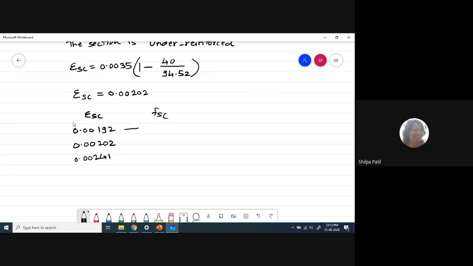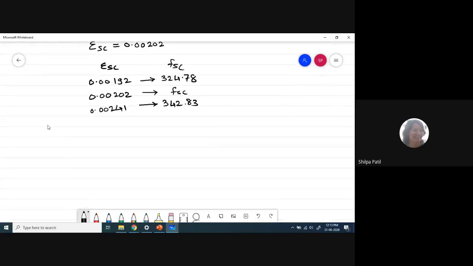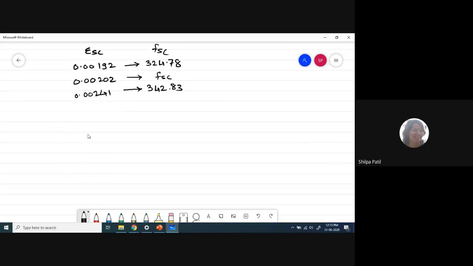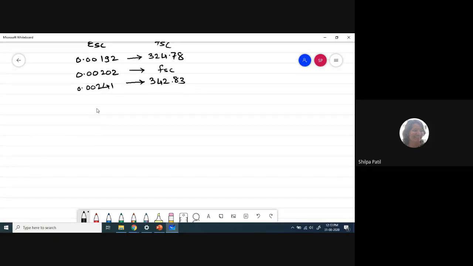Corresponding to these, please tell me the stress values. 324.78, 342.83. Correct. So in between, I have to find out this FSC value. I have shown you the interpolation. Just do that interpolation. If you know how to use the commands directly in the calculator, you can use it and tell me the FSC value. I'm not writing all the steps again here. So tell me FSC.